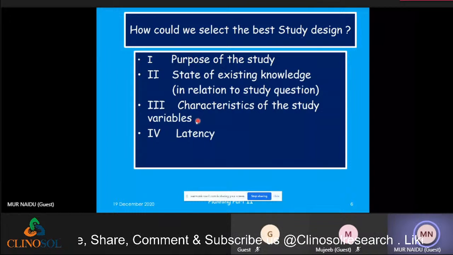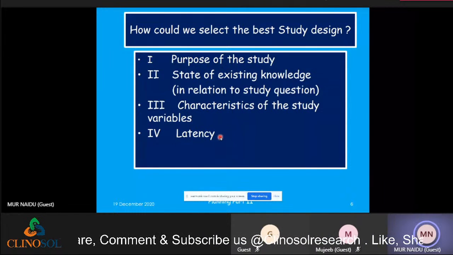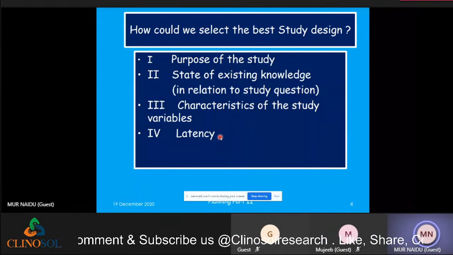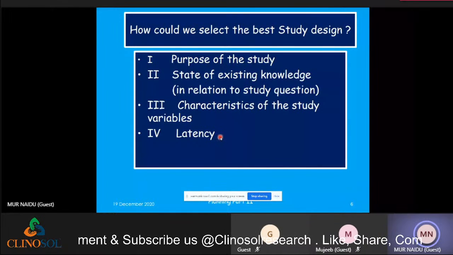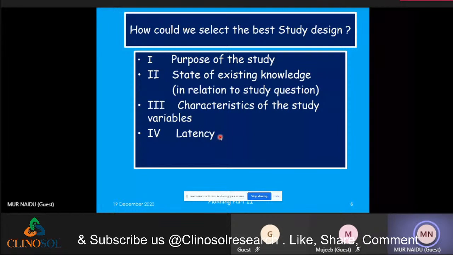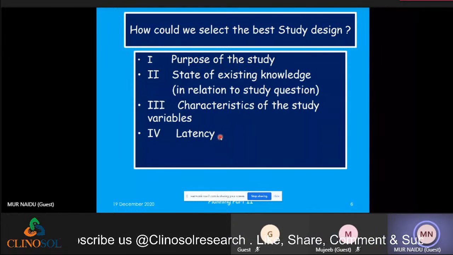And the next one is the latency. What is latency? Latency is nothing but the total duration of a particular study which is required. You know that there are some studies which can be completed in 6 months, some in 1 year, some may take 4 to 5 years.